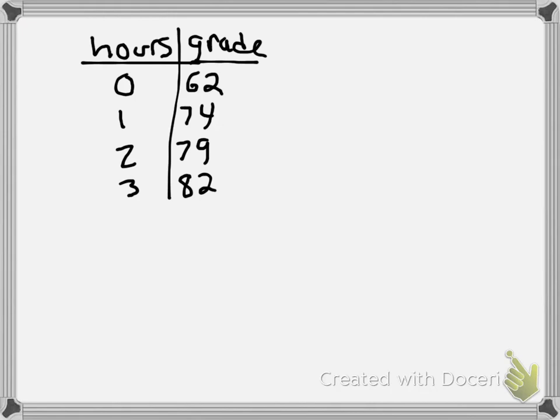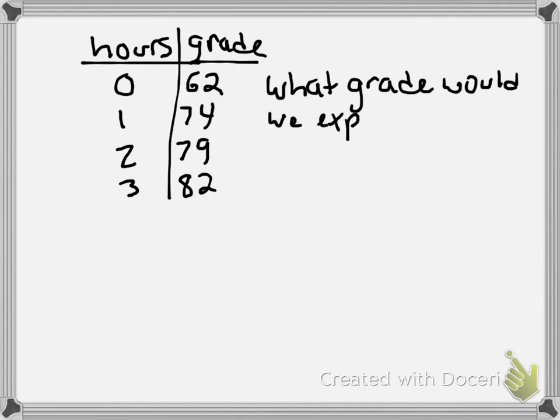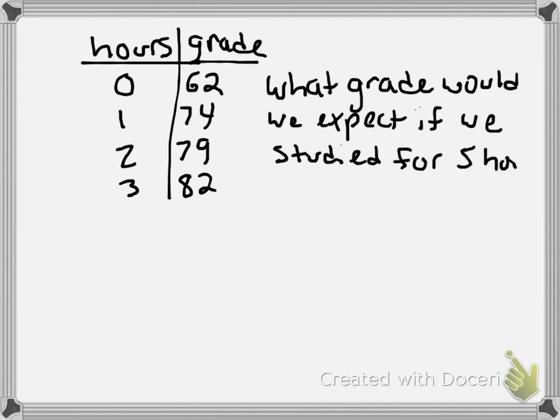So let's say we want to find out what grade would we expect if we studied, let's say we studied for 5 hours. And that's supposed to be a question mark there in the back. So what grade would you expect if we studied for 5 hours?